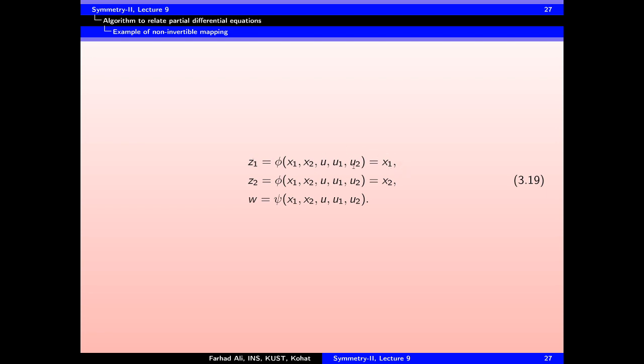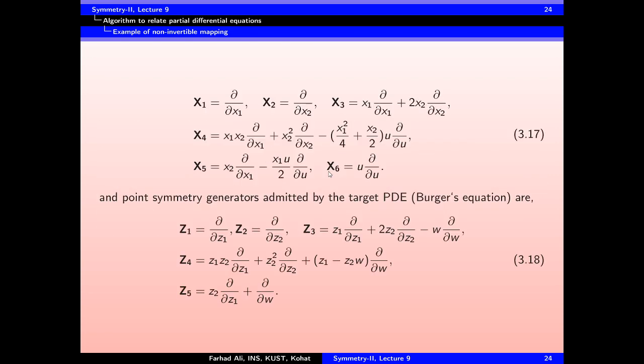Z1 goes to x1 and Z2 goes to x2. And why are we taking this? This is clear from here: this symmetry generator is the same as this one, and this is the same as this one. The first two parts are the same as the first two parts, which is the action on the independent variable. Similarly, these first two parts are the same as these first two parts.